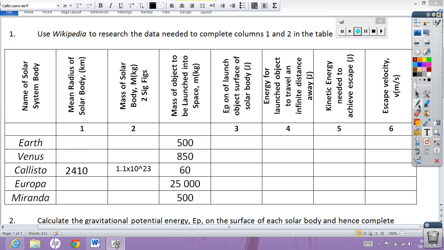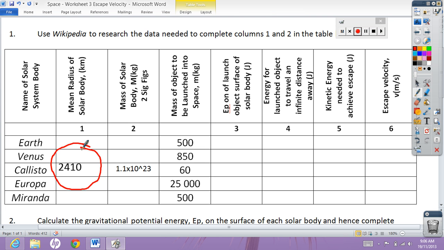Now we've got to remember that this value here, the 2,410, is actually in kilometres, and we cannot use that in any formula for the gravitational potential energy unless it is converted into metres. The mass was required to two significant figures, so it was 1.073 or something like that. So I've rounded that to 1.1 as the front part of the scientific notation.